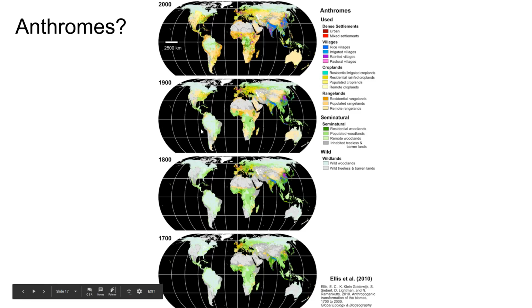But look at the changes since then, and it's quite significant, especially with rangelands, things that were once forest and are now rangelands in places like Brazil and of course the U.S. Very significant changes. So that's one place you can look at some of Ellis's work at University of Maryland.